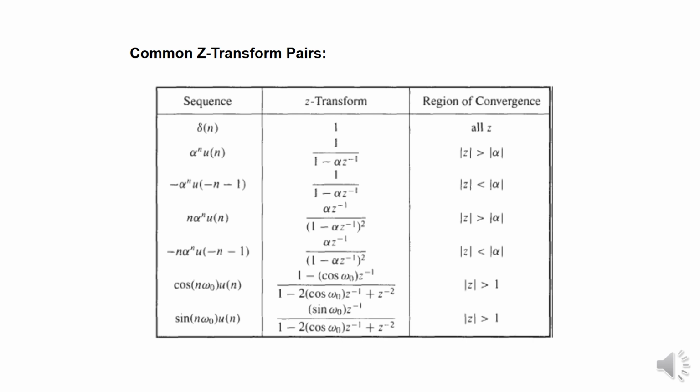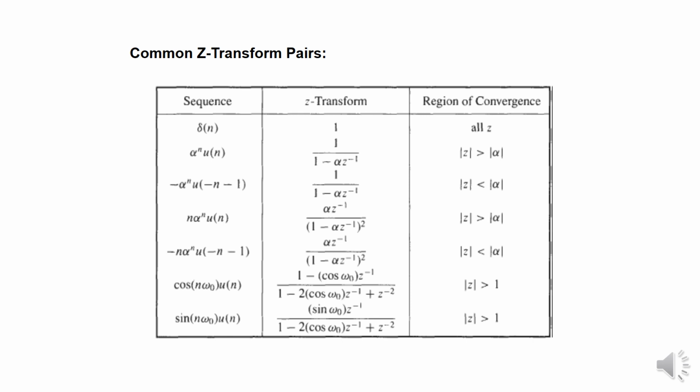Likewise, these are actually Z transform pairs. That means from a sequence you can get the Z transform, and from the Z transform you can see what the inverse Z transform is as the sequence. So the Z transform of delta[n] is 1, and the inverse Z transform of 1 is equal to delta[n].